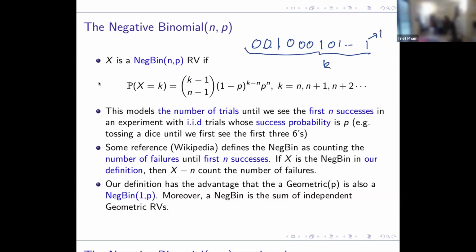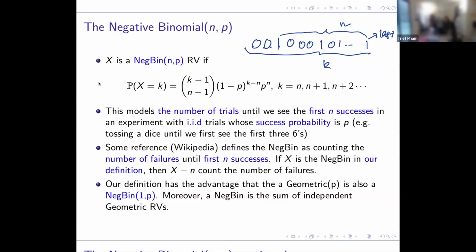The last one must be a 1 because that's how long it takes for you to get to how many successes you're waiting for. So the last one must be a success. And the length of the sequence is k, because that's how long it takes you to get there. Among this, there are exactly n ones, n successes.